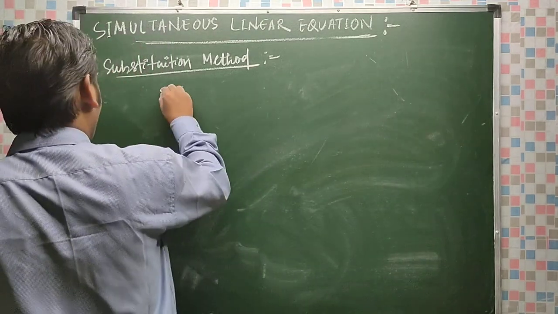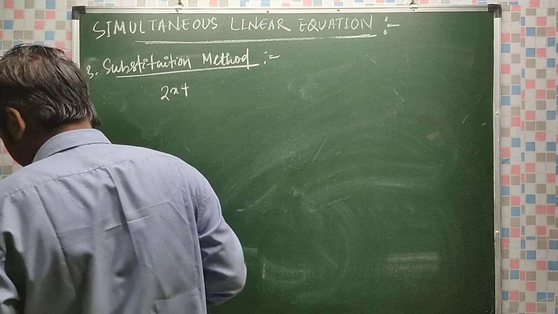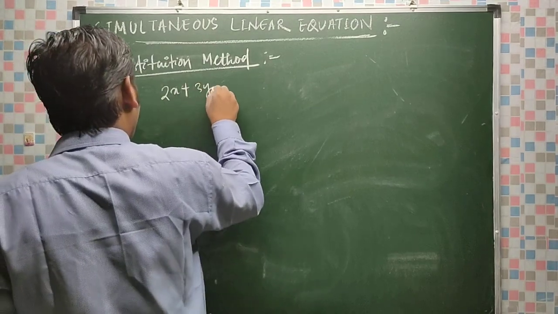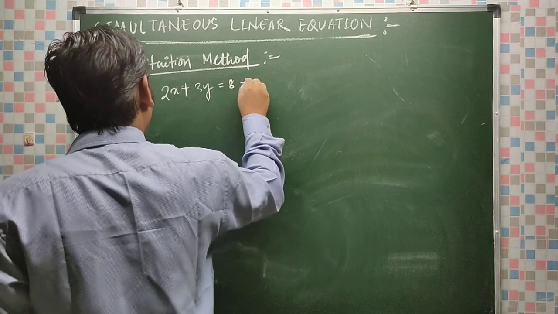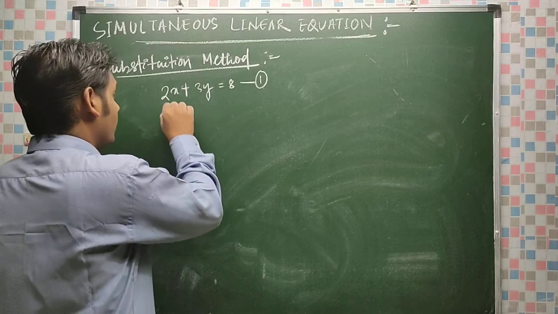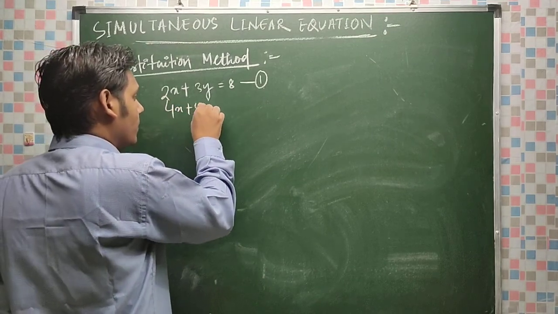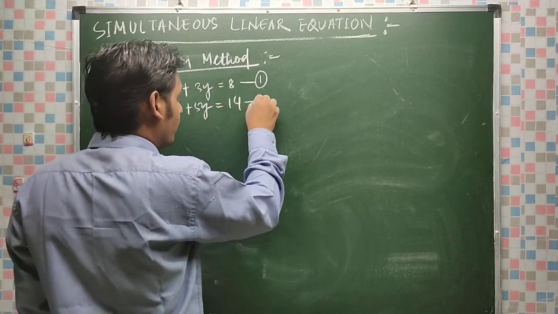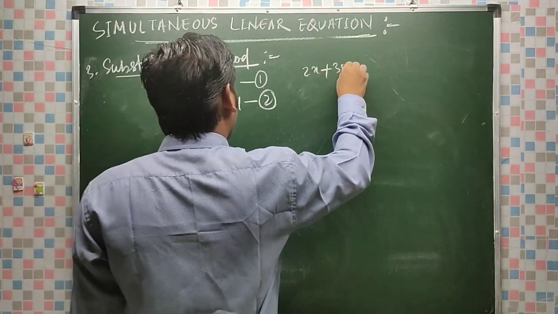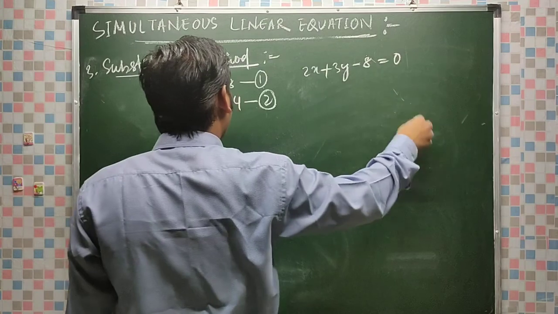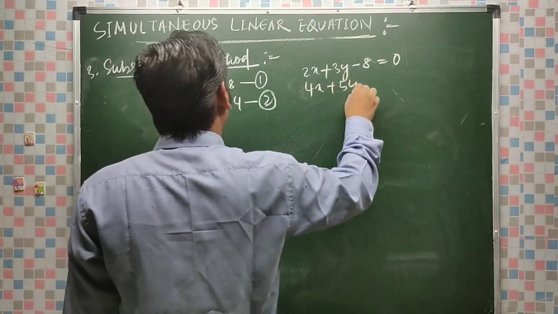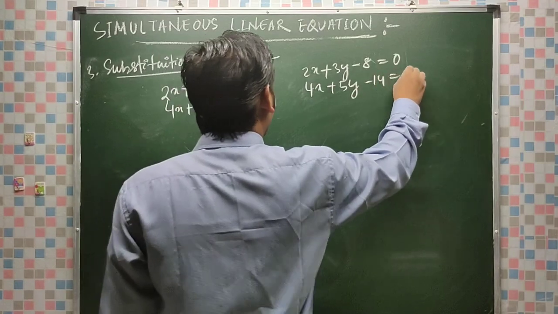2x plus 3y is equal to 8 and 4x plus 5y is equal to 14. So now what you have to do? 2x plus 3y minus 8 is equal to 0 and 4x plus 5y minus 14 is equal to 0.